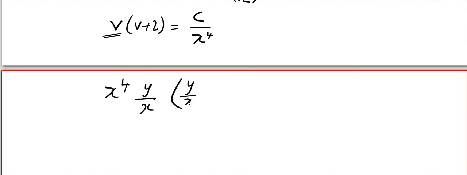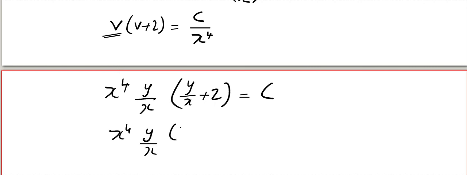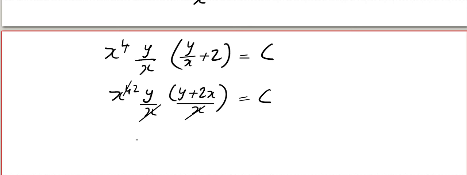And then again y by x plus 2 is equal to c. So x power 4 y by x into y plus 2x by x, so our answer is x square into y plus 2x is equal to c.